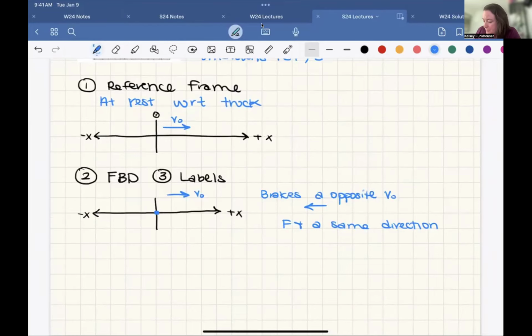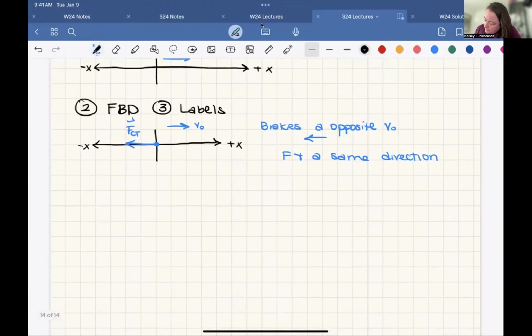So here is our dot that represents the crate, and then our force. Force on the crate from the truck. It's a vector. Okay, then we do the vector sum of forces. The only forces we have are in the x direction. So the sum of forces is in x. And I'm going to teach you something.